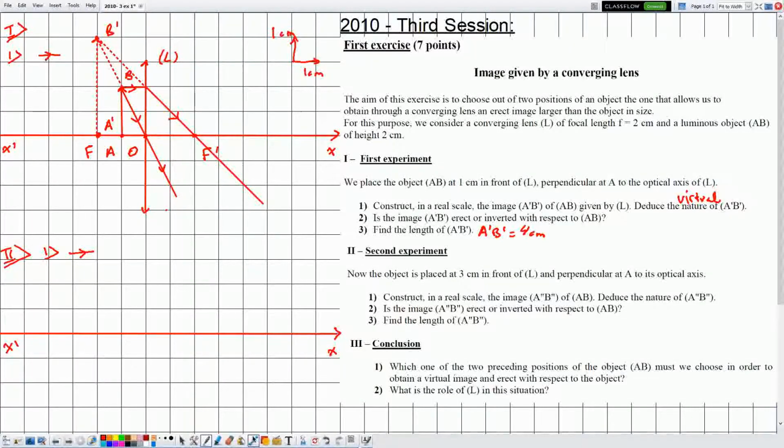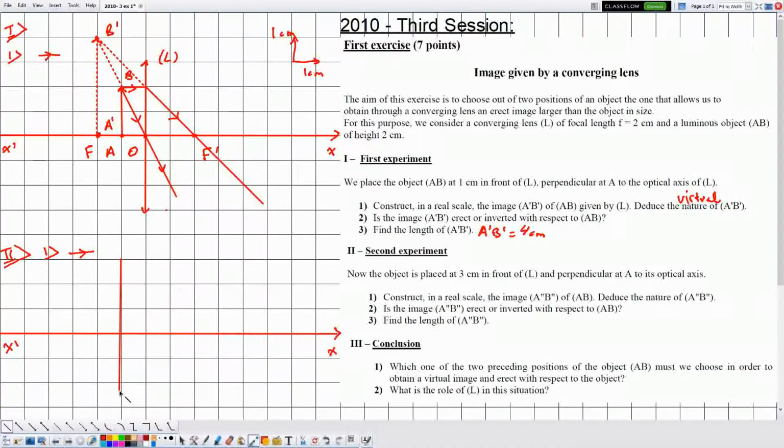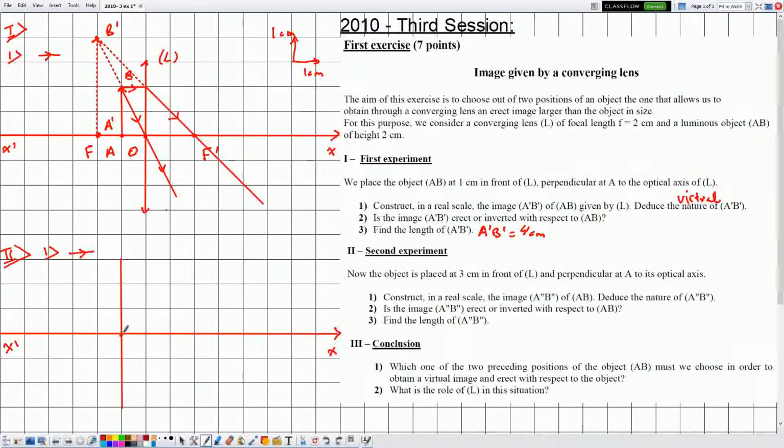Now let's place the lens L perpendicular to the optical axis at the center, in which their intersection is the optical center O. Now the focal length of the lens didn't change, therefore here is the object focus, 2 divisions away from the lens, in front of the lens, and F prime 2 divisions behind the lens. But now the object is at 3 centimeter.